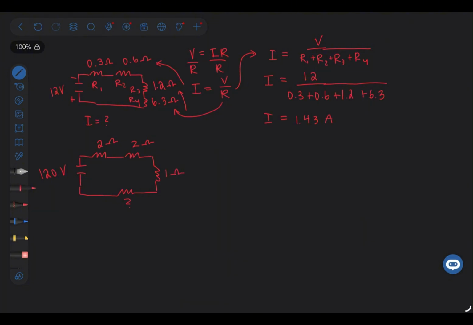We know that the current is 10 amps. Since we're looking for the resistance, we're going to do V equals IR and divide each side by I. So R equals V over I.